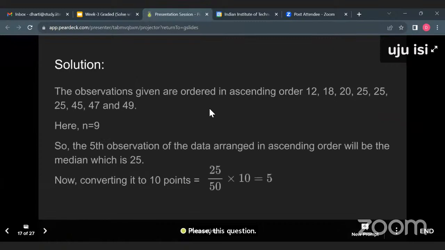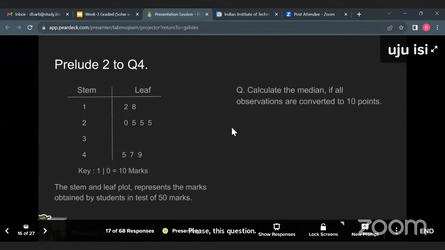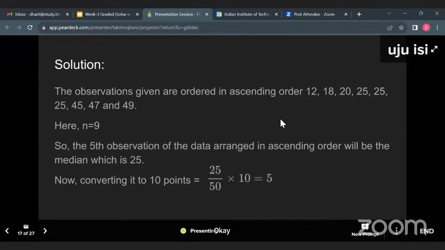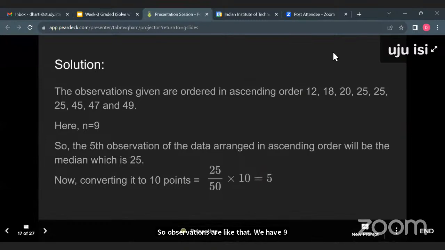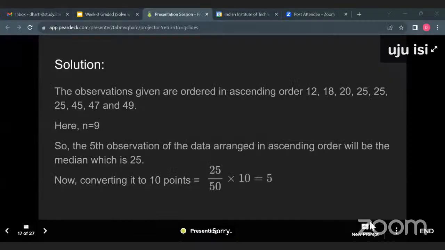Okay. We have to calculate the median if all the observations are converted to 10 points. So observations are like that. We have total number of observations as 9. Is the screen visible now?